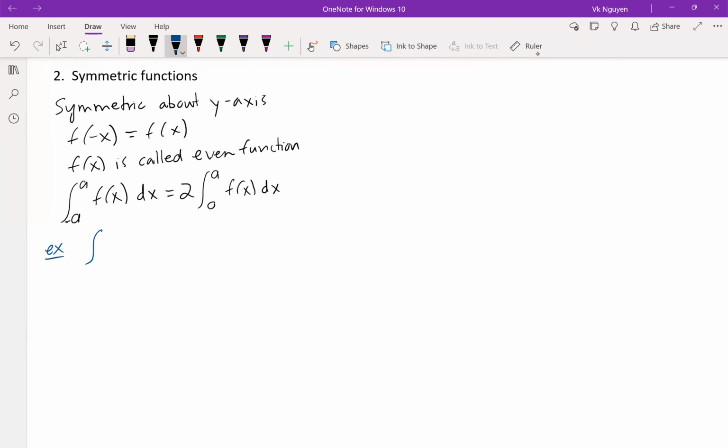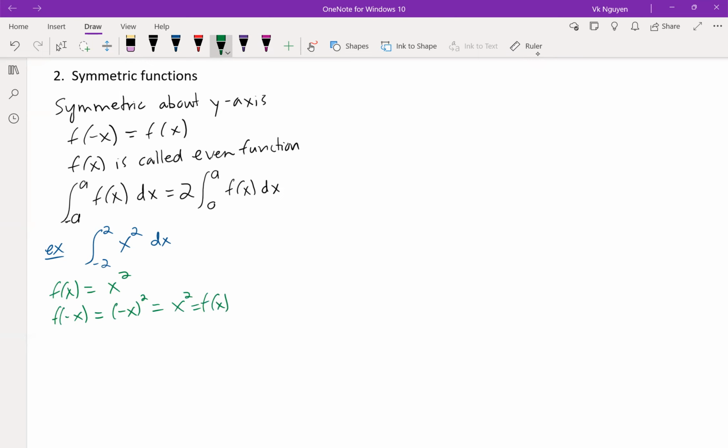Example: the integral from -2 to 2 of x squared dx. We're going to test the x squared here. We know that f of x is x squared, f of -x is (-x) squared, which is x squared, and that is the same as f of x.